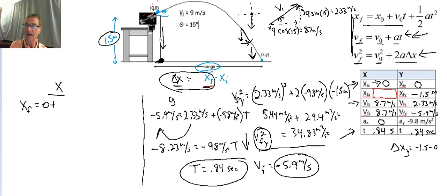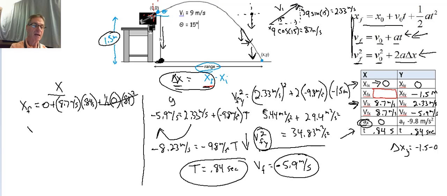Well, my initial velocity in the x direction is 8.7 meters per second, times t, which we just calculated to be 0.84 seconds, plus 1/2 a t squared. Well, 1/2 times a. Well, what's a in the x direction? It's just 0 times t squared. This whole term drops out here because it's 0.